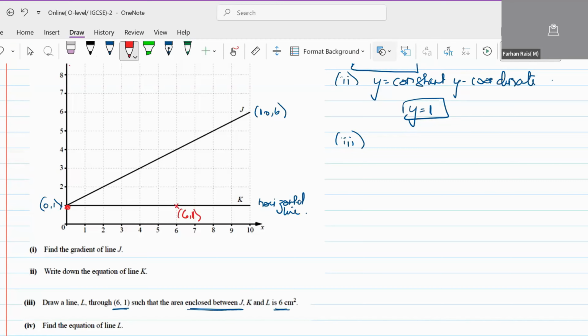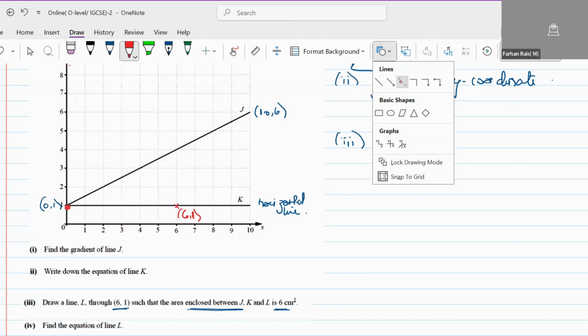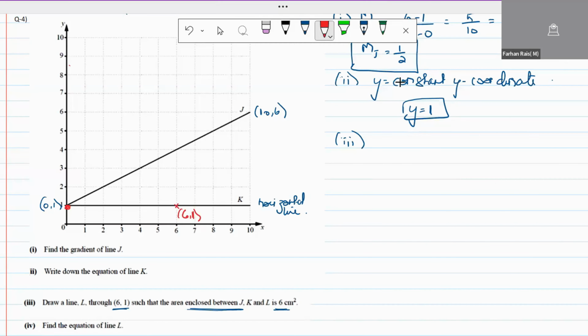Why? Because line K is parallel to the x-axis, and whenever a side is parallel to the x-axis, that side is taken as the base side.